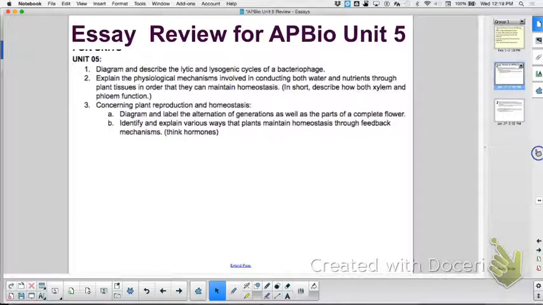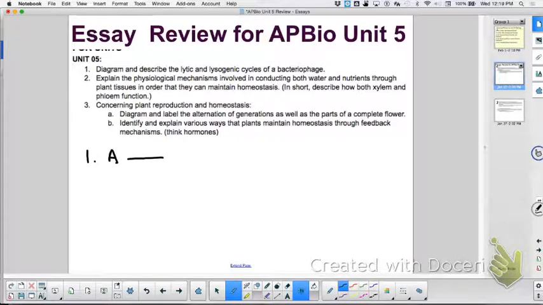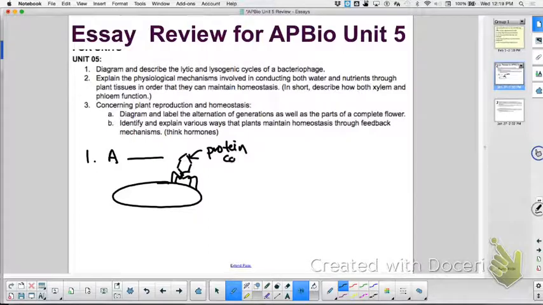Right, so if I was doing one like that, I would write number 1, attachment. I would draw a bacterium because it's infecting it, right? I would make sure I had a bacteriophage. I would label maybe that this is a protein capsid. Once I did that once, do I need to repeat that?